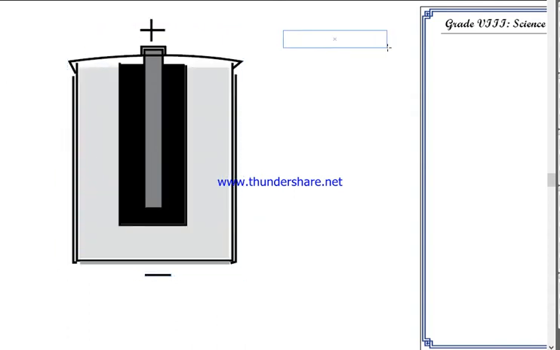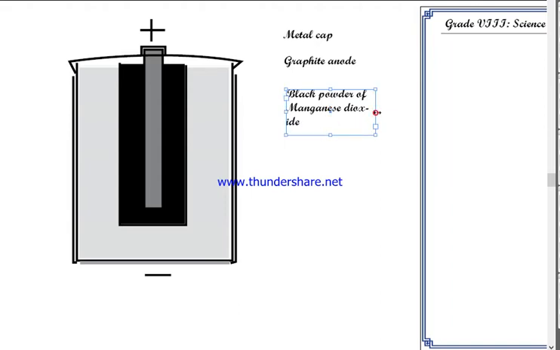First of all, at the top you have the metal cap, and then the graphite anode, then the black powder of manganese dioxide in a muslin cloth bag.